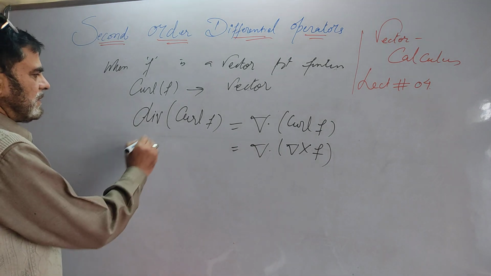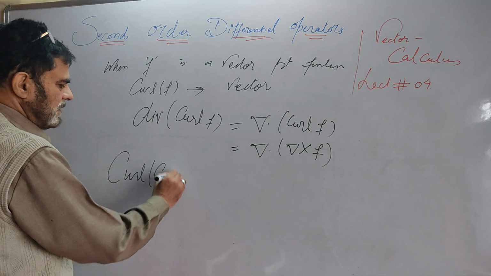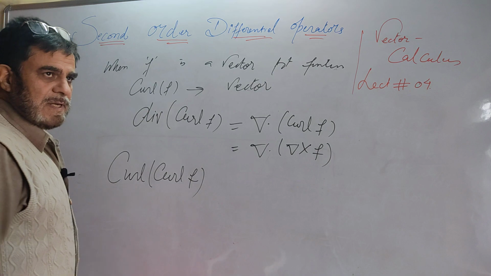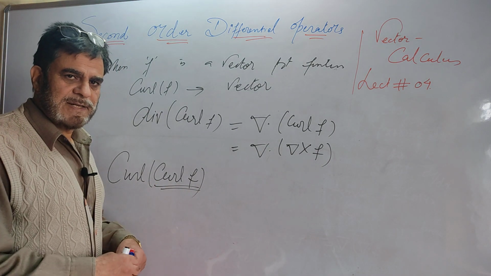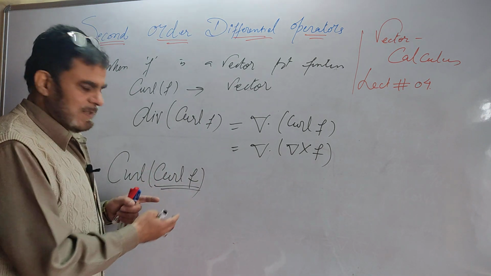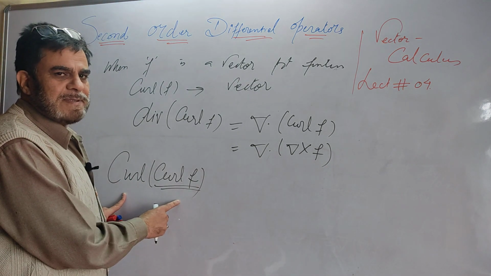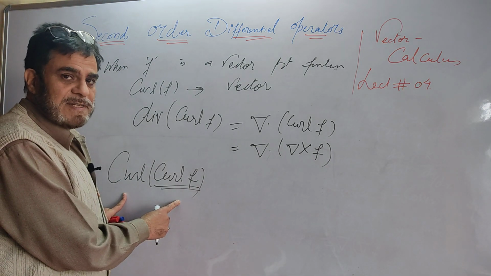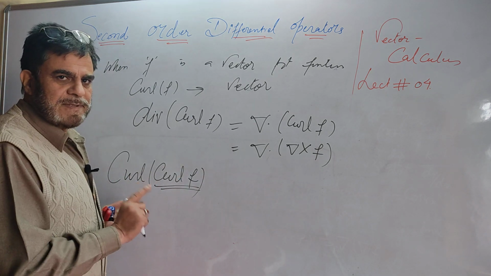Again, you have the curl of curl of f. Why so? Because curl of f is some vector, we can find out the curl of a vector. So not the curl of the divergence of f, because divergence of f is itself a scalar. We don't find the curl of the divergence of f.